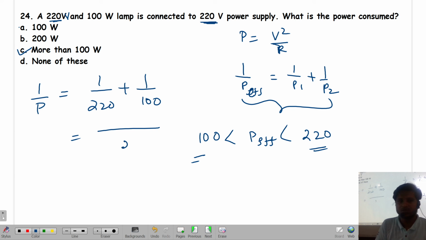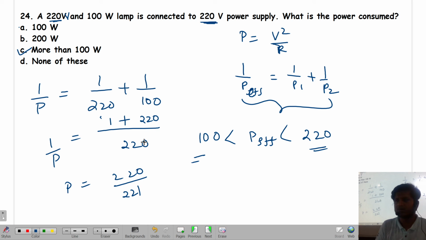Got it or not? 220 will be the LCM. 220, that is 1 plus 100 now. Okay. So this is 1 by P. P is equal to 220 by how much? No, no, no. Got it or not? Okay. So you have to take the LCM.